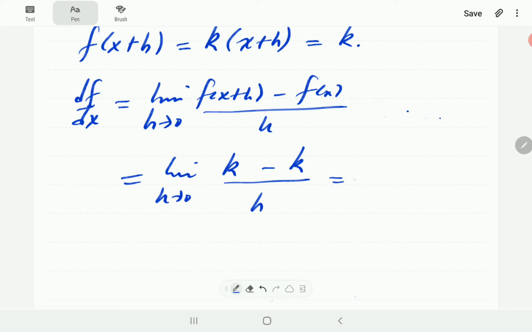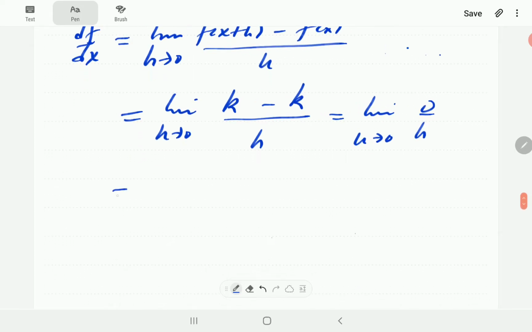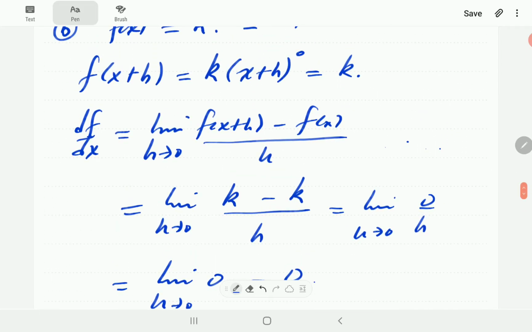k minus k is 0, so this is 0 over h. 0 over h is 0. So, if we substitute h is 0, that is going to give us 0.